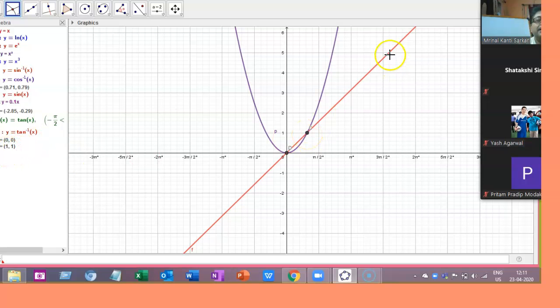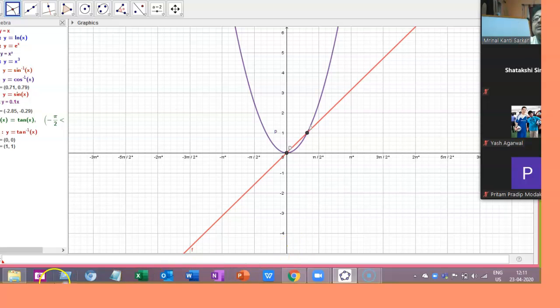So you will say that the solution to the equation x equal to x square is 0 and 1. X is 0 and x is 1. But this is the simplest case. You will see that I am very efficient at getting the solution using algebraic calculation only. For y equal to x and y equal to x square, I can tell you the answer.